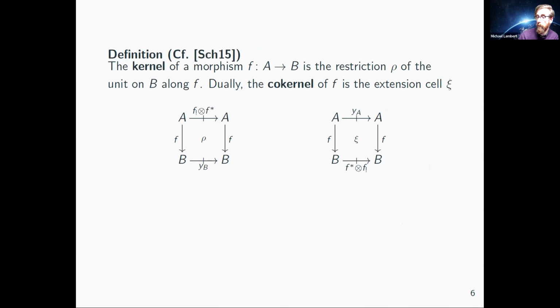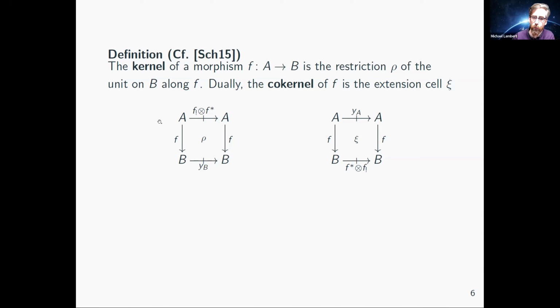Here are some examples of restrictions and extensions. So this cell rho, the niche is F and F on each side, and the identity as the codomain. And then this tensor of companion with conjoint presents the domain of the restriction, and the cell is called rho.